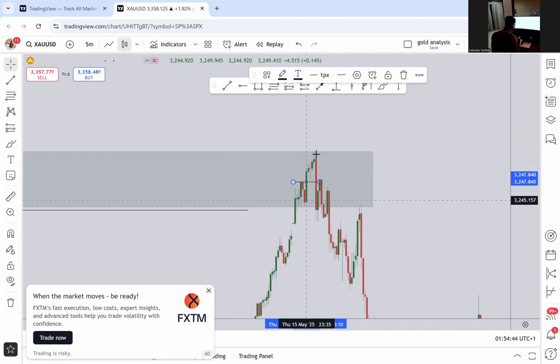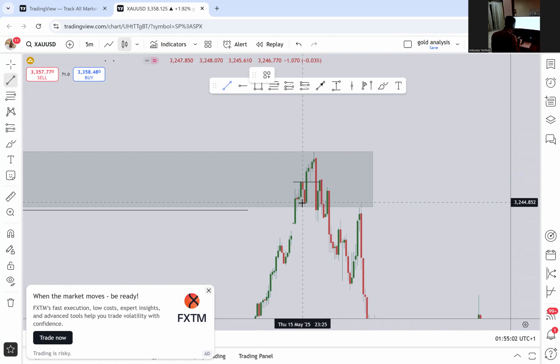Price still went ahead to the upside, and then after getting up, it dropped massively. After dropping massively, we consider this level as a break into the level, and that is considered valid for sale, right? It's considered valid for sale here.